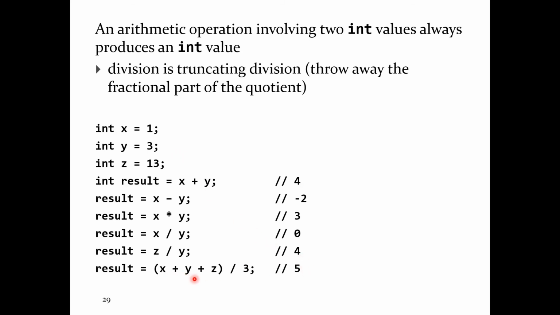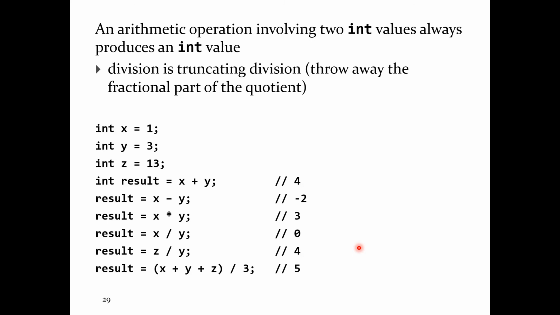X plus y plus z is 17. 17 divided by 3 is 5 and a bit, so you throw away the and a bit, and you get 5. The same thing happens for negative numbers. If you have negative 4 divided by 3, that's negative 1 and a bit. So you throw away the and a bit and you get negative 1. That's truncating division.